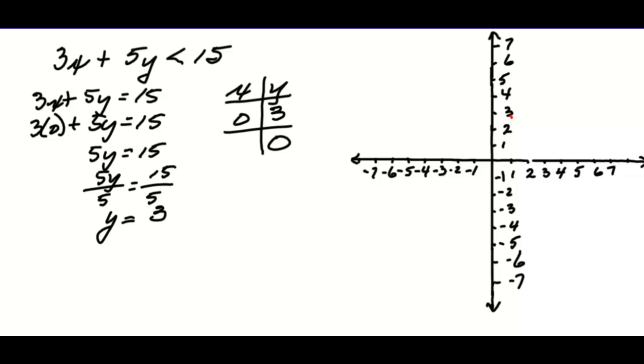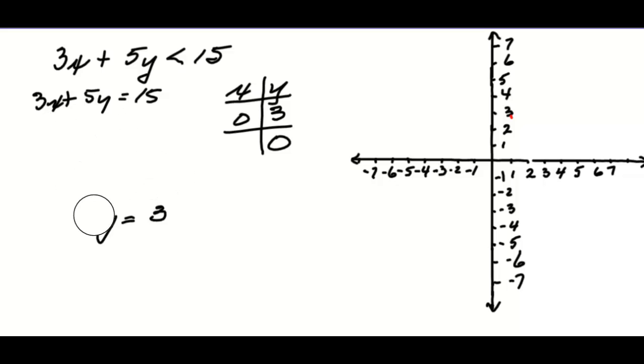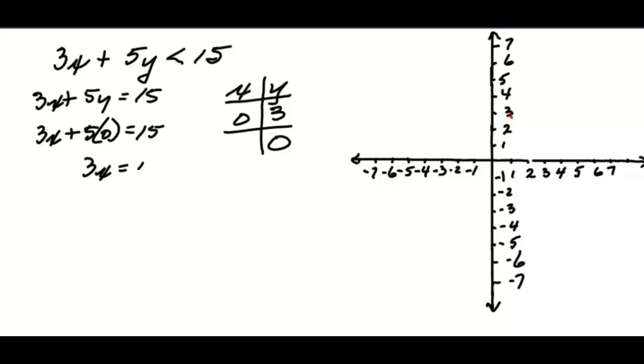Now, for our other one, where y is equal to 0, we go back to our original formula again, and we get 3x plus 5 times 0 equals 15. 3x equals 15. 3x over 3 equals 15 over 3.